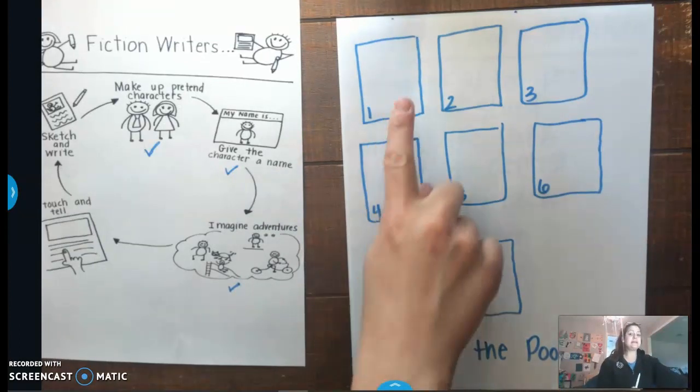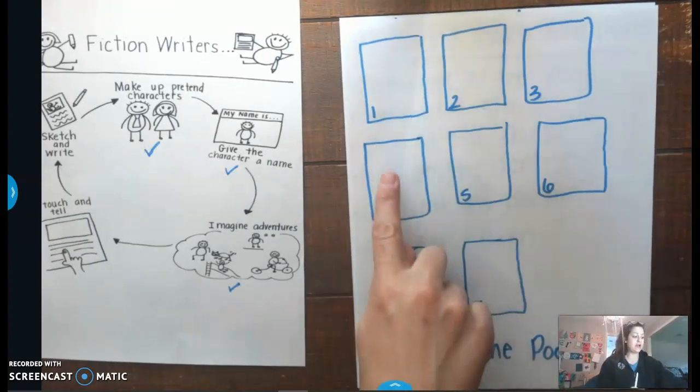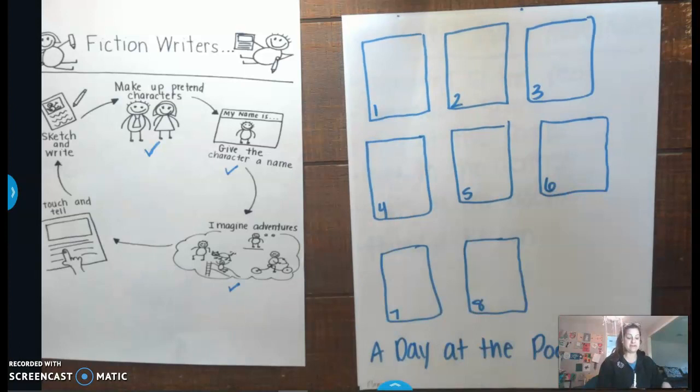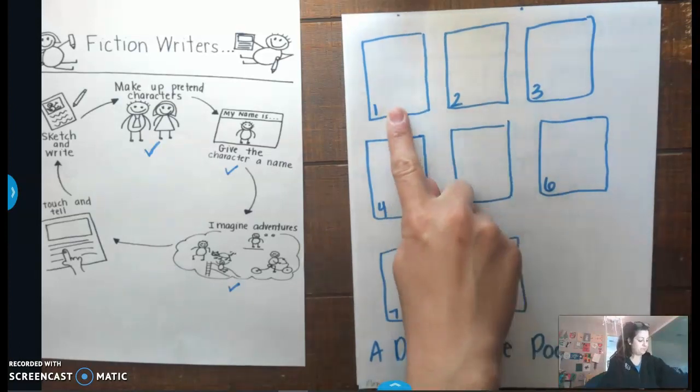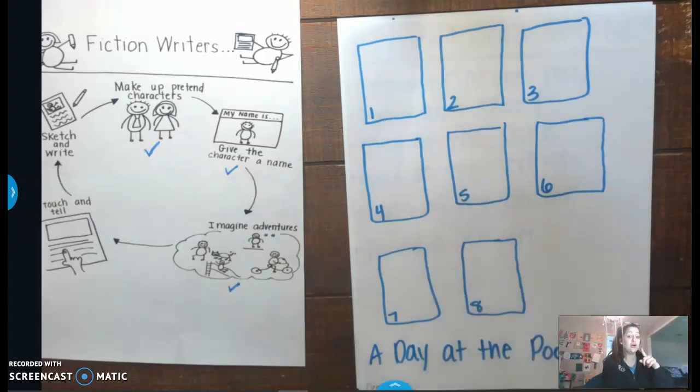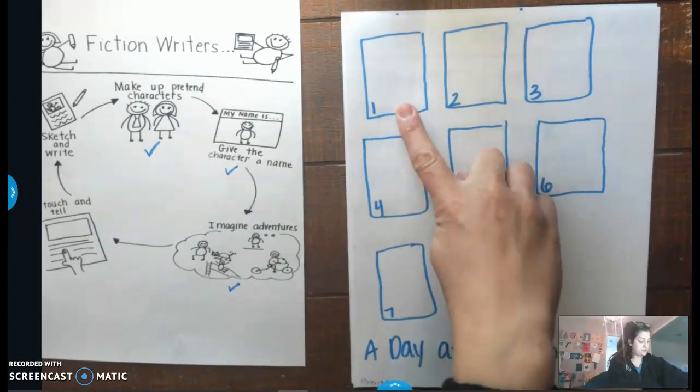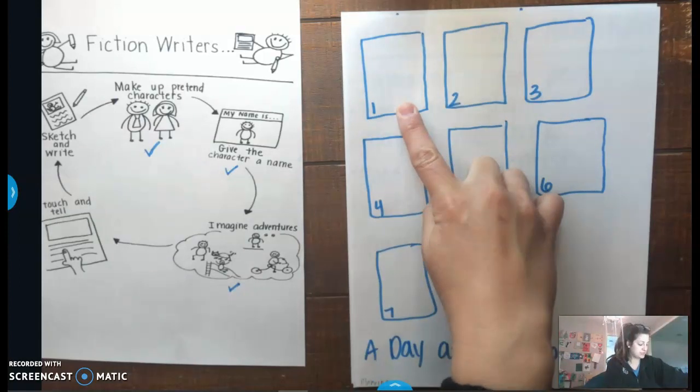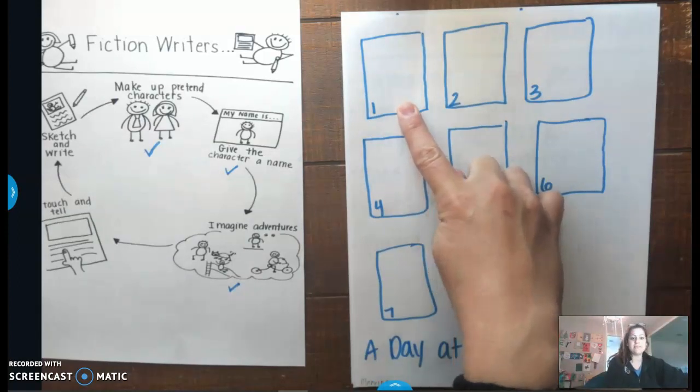So now I'm going to touch and tell my story across my pages. Page 1. Remember, the first part of our story, we need our hook. We have to hook our reader. So page 1. What we thought was going to be a day swimming at the pool turned into something else. Aren't you wondering now what's going to happen? That's our hook.